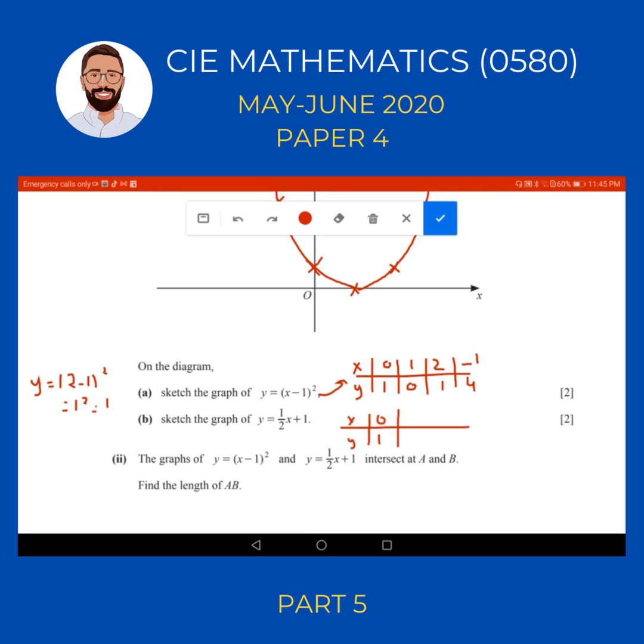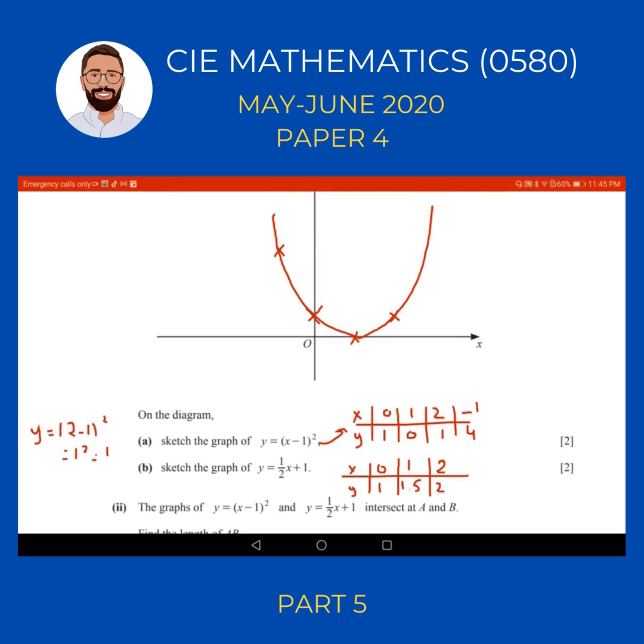And when x is 1, y is half times 1, which is half plus 1, which is 1.5. When x is 2, y is half times 2, which is 1, and 1 plus 1 is 2, and that's it.